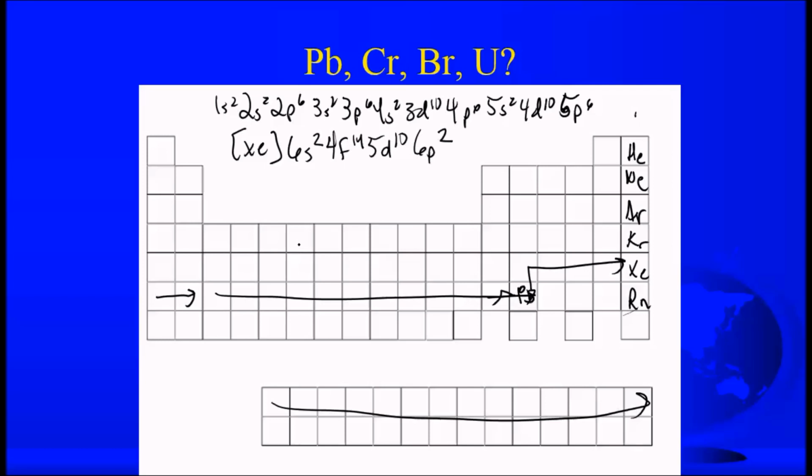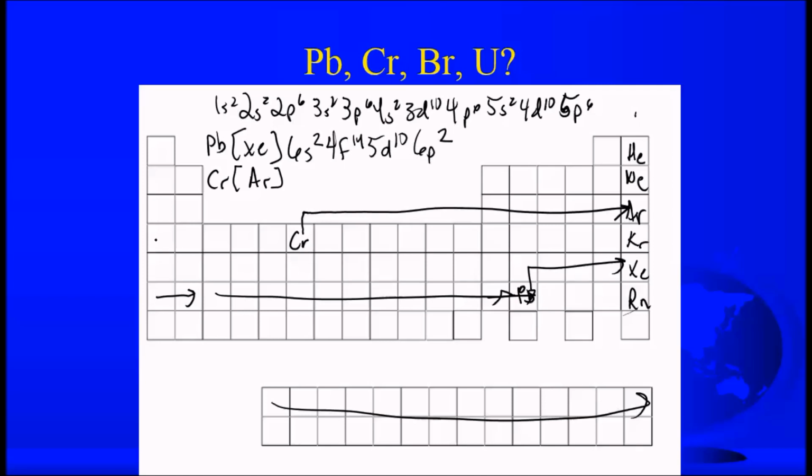All right, let's try this. How about if you do chromium? This one right here. So what you do, don't write this down on your periodic table, but arrow up, and where do you start? What is the noble gas that's inside? The pit is argon. This is chromium. This is lead.